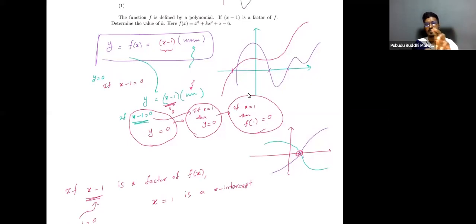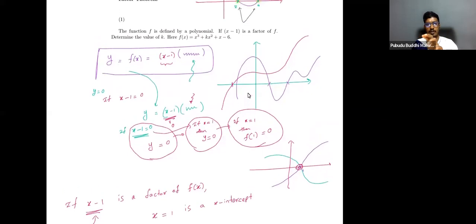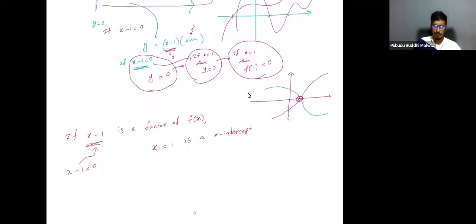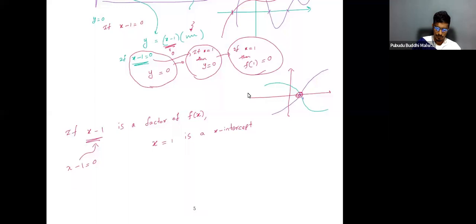If x minus 1 is a factor of f, what's the meaning of that? f of 1 equals 0, right? That's what we discussed actually. If x minus 1 is a factor of f of x, then f of 1 equals 0.